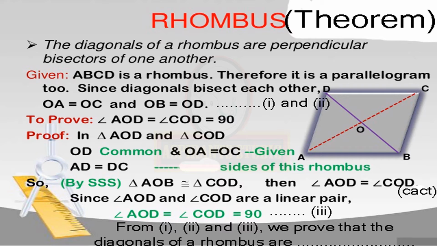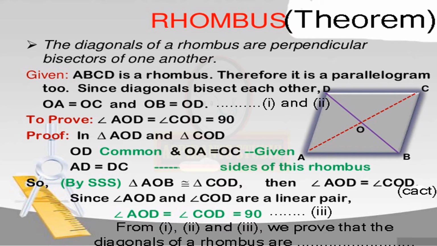Therefore, write measure of angle AOD plus measure of angle COD is equal to 180 degrees.